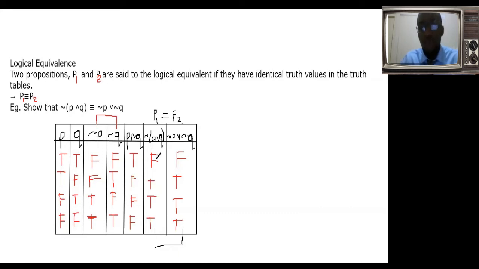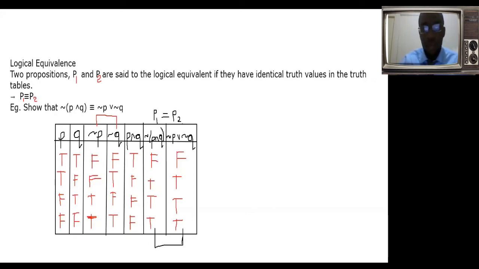To show that two statements are logically equivalent, we use the truth table to show that they both have the same truth values. This is one method we use. Of course, there are many more methods that we're going to look at soon, but for now, we're only looking at the truth table.